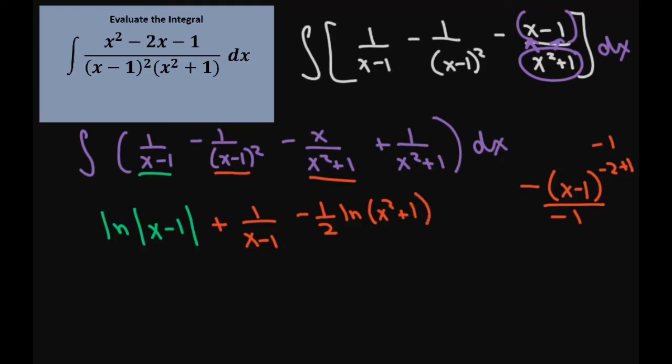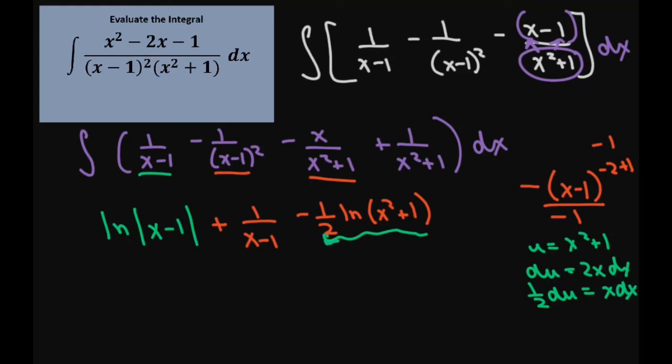And this is using u substitution. You can let u equal x squared plus 1, so du equals 2x dx, or you get 1/2 du equals x dx. So there's where I'm getting the 1/2 from.